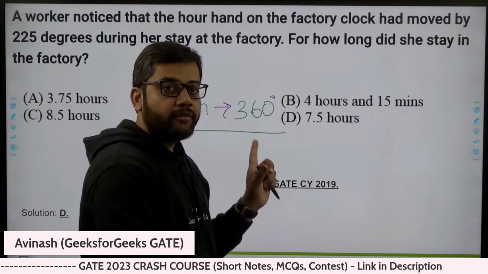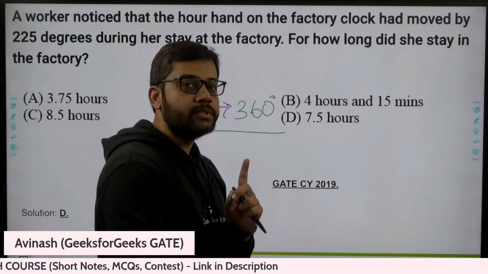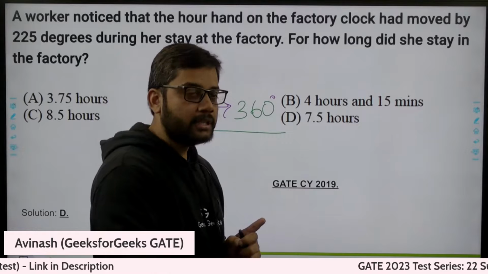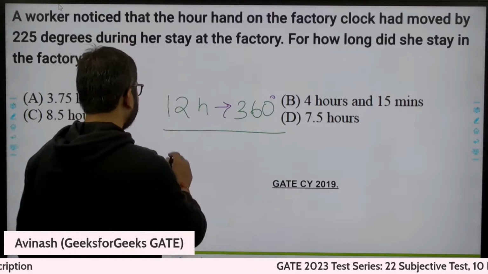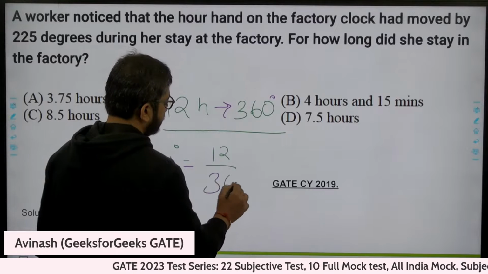So 225 degrees it moves. If we understand how much time it takes for 1 degree, then we can find out for 225 degrees. So in 1 degree, how much will it move? 12 upon 360.